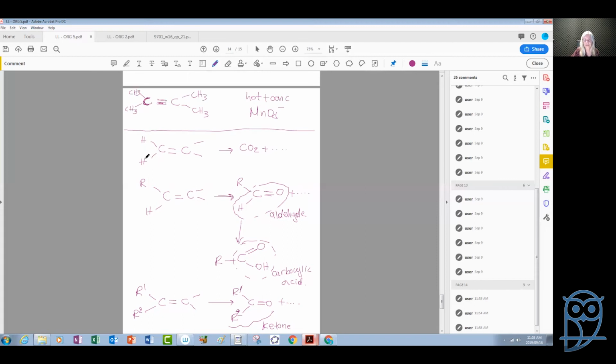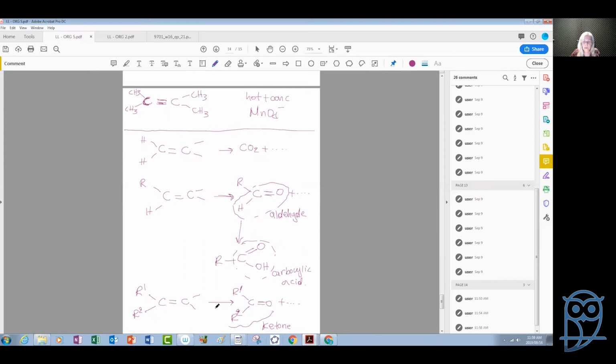So it's not this case, and it's not this case. So obviously it's this case at the bottom. So the product of this alkene that we have at hand in our exam will be a ketone, when it reacts with hot and concentrated manganate ions, isn't it?